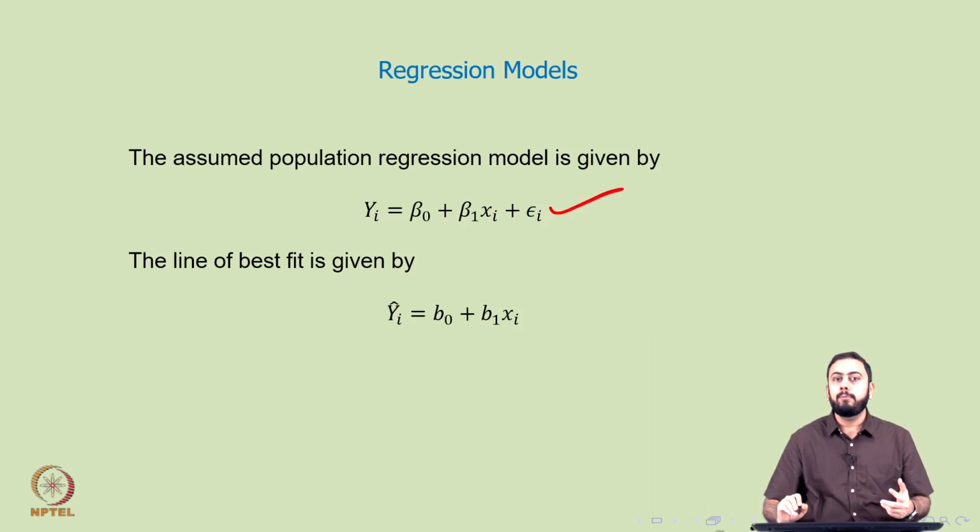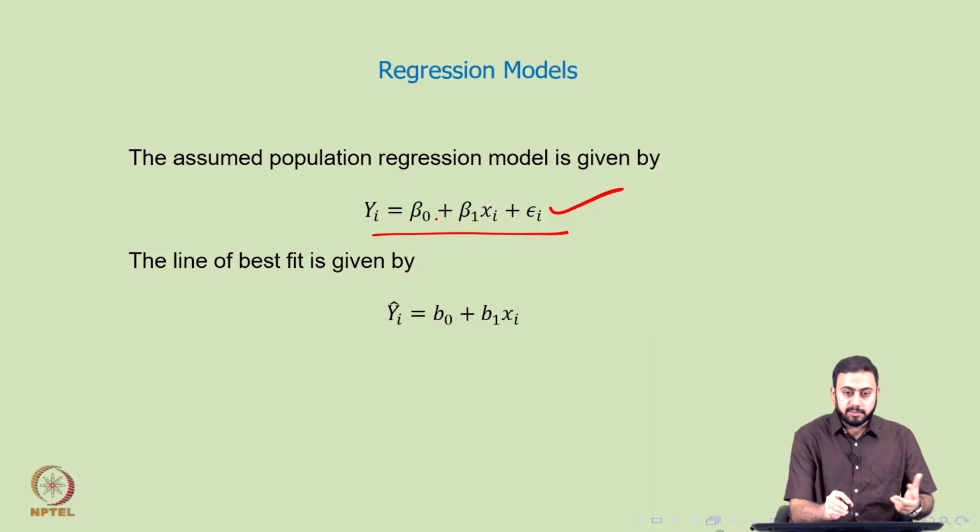So the assumed population regression model is given by this. Like I said, you have to establish a relationship between xi and yi through this equation of a straight line: yi equals beta naught plus beta 1 xi plus epsilon i.